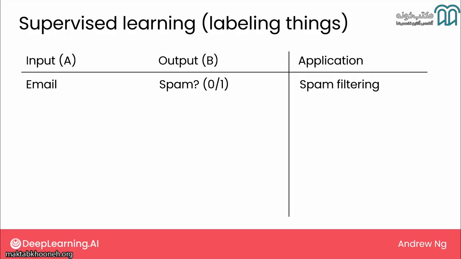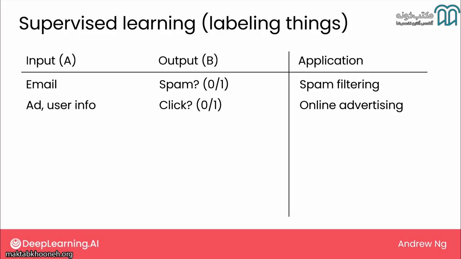As a second example, probably the most lucrative application, not the most inspiring, but lucrative for some companies that I've worked on, was online advertising, where given an ad and some information about a user, an AI system can generate an output B corresponding to whether or not you're likely to click on that ad.